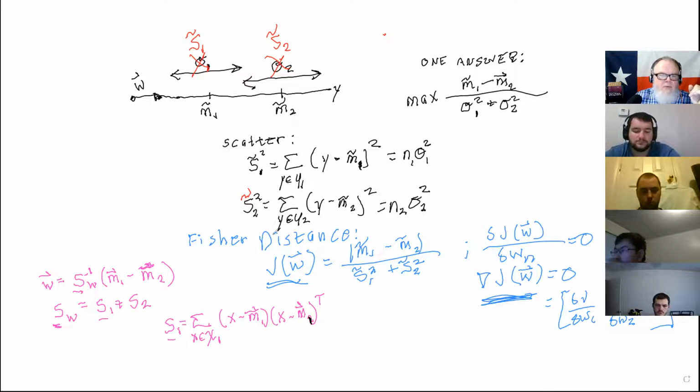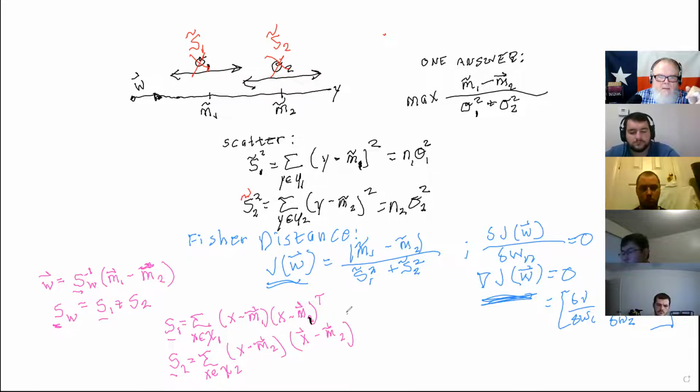In a similar fashion, we're going to have a scatter matrix for 2, and it's just copying the same thing down again using a subscript of 2. Okay, so those are the scatter matrices.